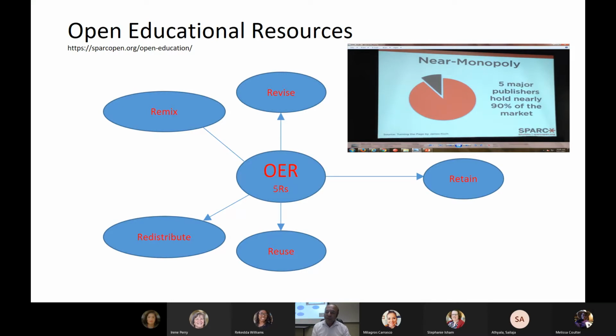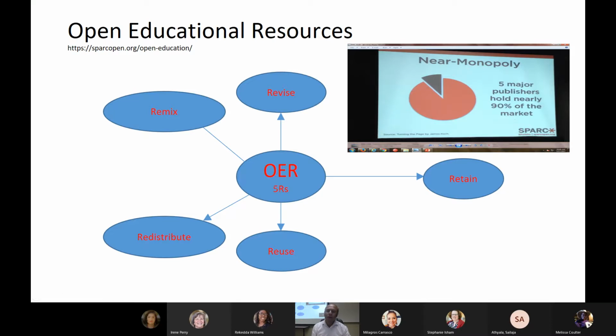I'll talk a little about the background of open educational resources, because last time I attended a seminar in 2018 in San Antonio, and one person did a very good job explaining it. Nearly 5 major publishers hold nearly 90% of the market.